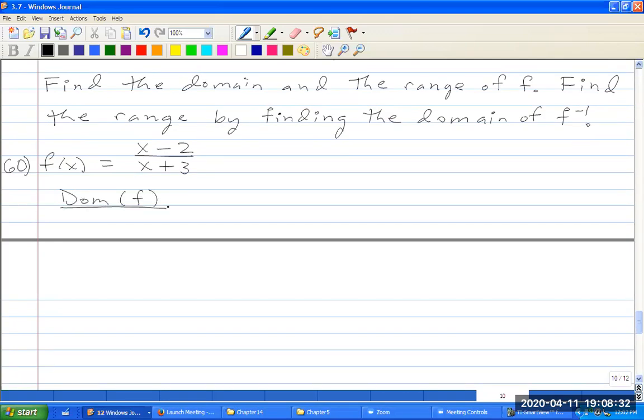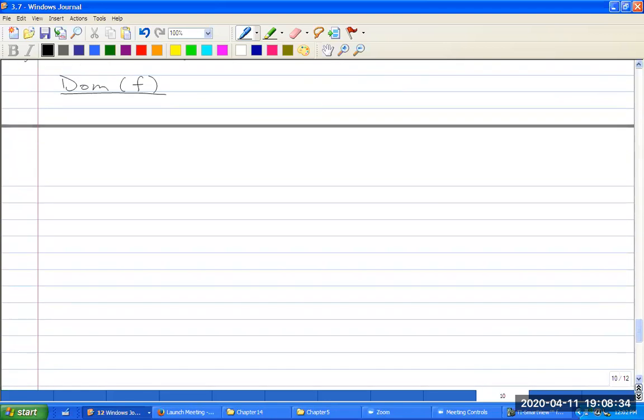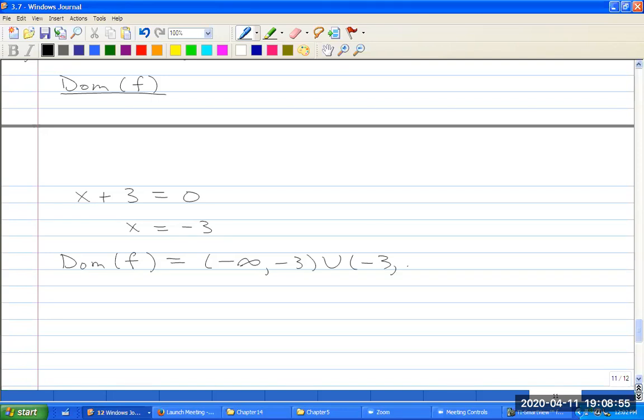Found by setting the denominator to 0 and solving for x. So the domain of my original function is the set of all x's not equal to negative 3. It is the union of these two open intervals.